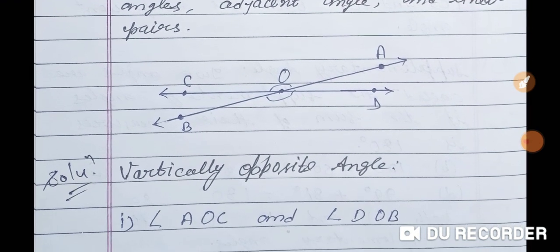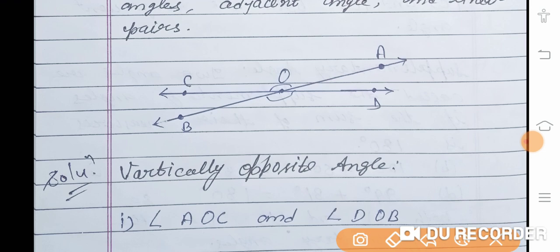Now vertically opposite angle means just opposite of the angles, like if we discuss this one and this one, these both 1 and 2 are opposite, 1 and 2 are also opposite.